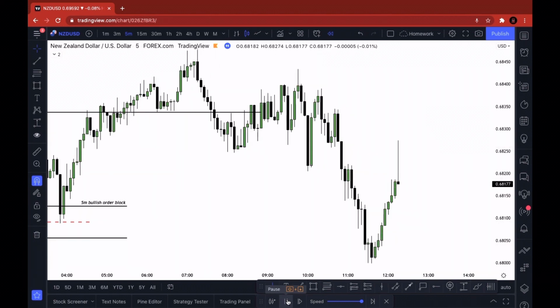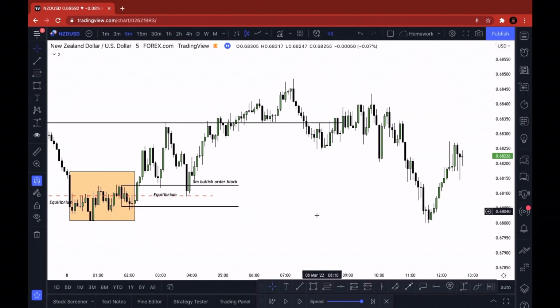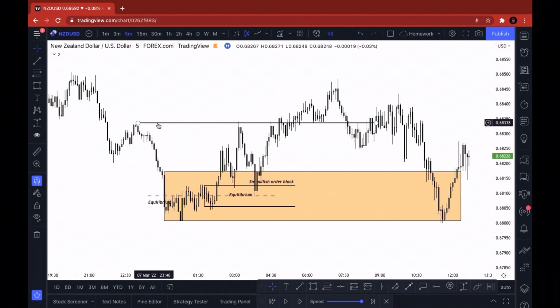A reversal. Absolutely. Look at what price did. Price came below. I'll just draw this all the way out. The consolidation box down here. That was a reversal. It took an old high out and then dropped lower, changing trend quickly.